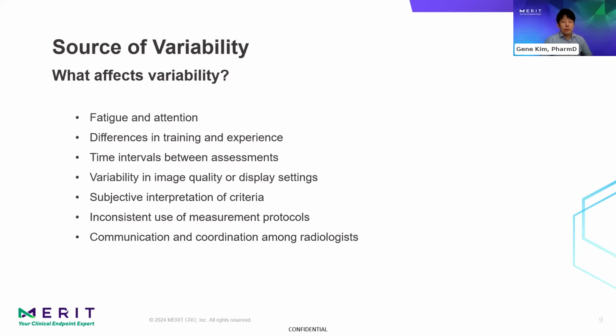So there are various different sources of variability that can arise. One thing is fatigue, which can be an issue when a reviewer reads images for an extended period of time. This can decrease the attention level of the reviewer and increase the risk of error and variability in their assessment. Sometimes experience with the response criteria rules, or experience in certain disease states, may affect the variability of the readers.